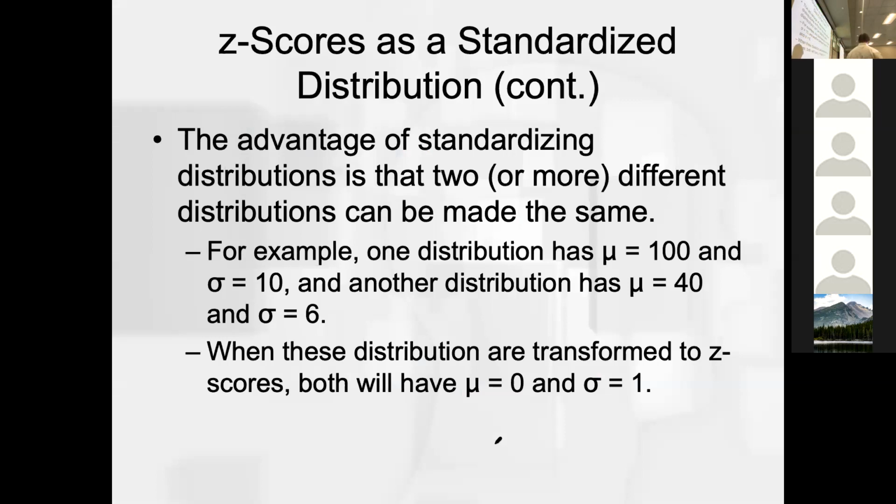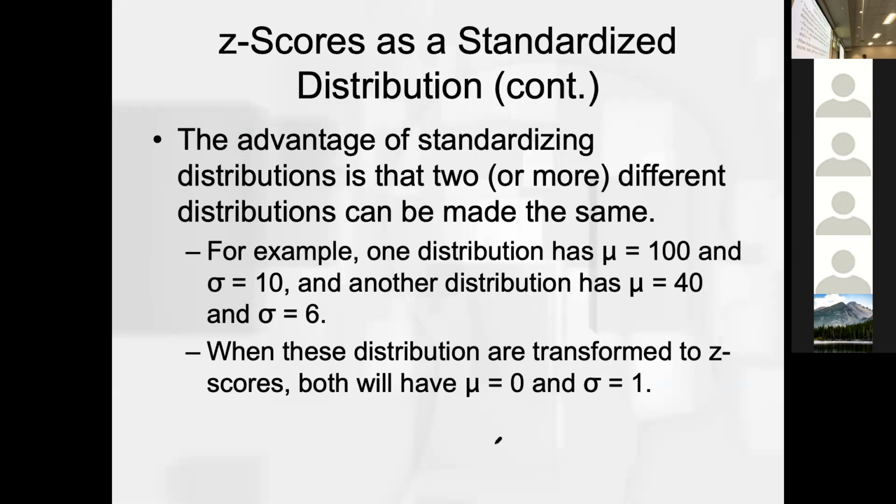And so the advantage of standardizing these distributions is that you can make 2 or more distributions similar enough to compare. So for example, if one distribution has a mean of 100 and a standard deviation of 10, and another distribution has a mean of 40 and a standard deviation of 6, you cannot, in their raw form, necessarily compare those distributions.